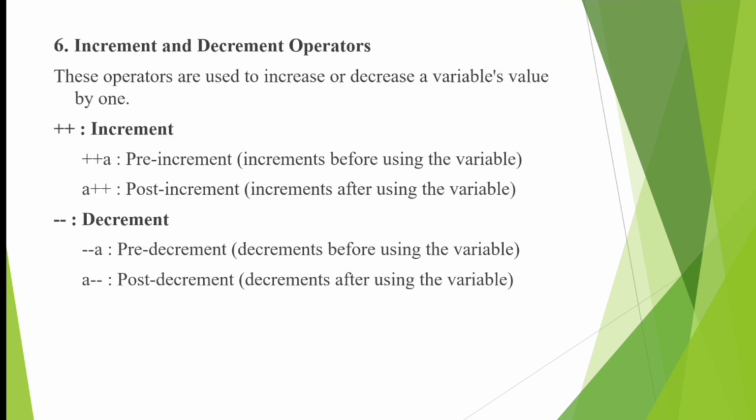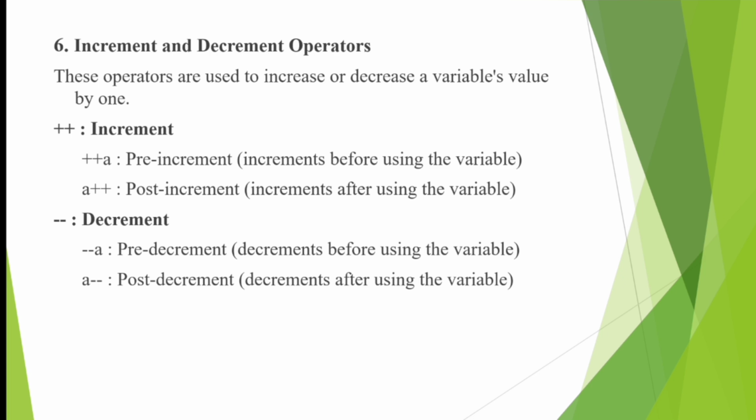And then next we are using increment and decrement operators. These operators are used to increase or decrease a variable's value by 1. First, the increment operator. In the increment operator we have pre-increment and post-increment. Pre-increment increments before using the variable.